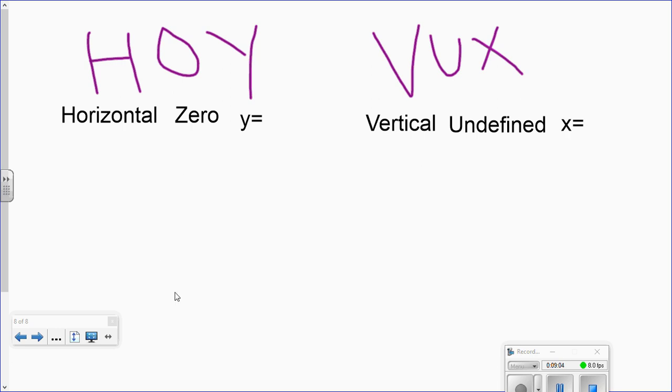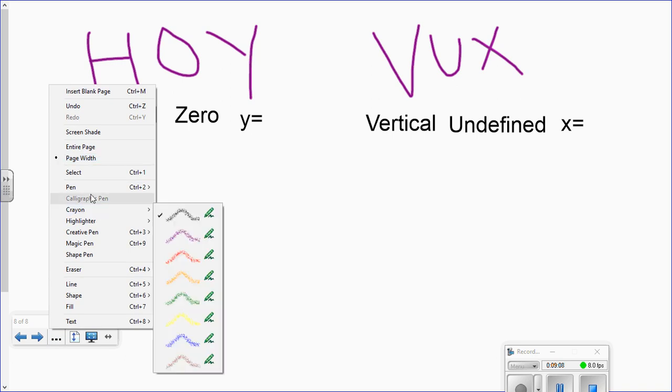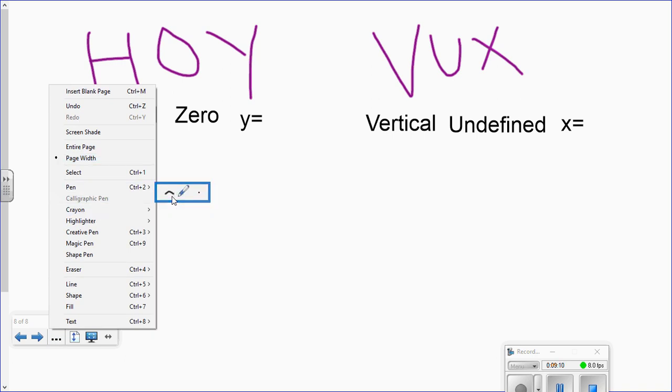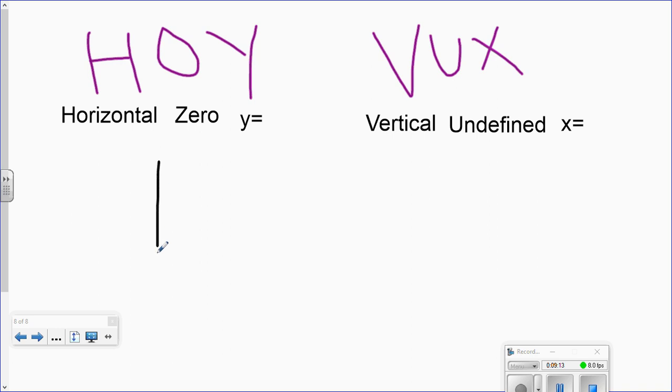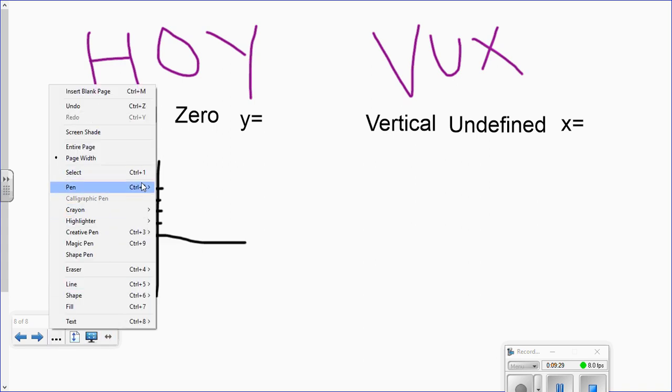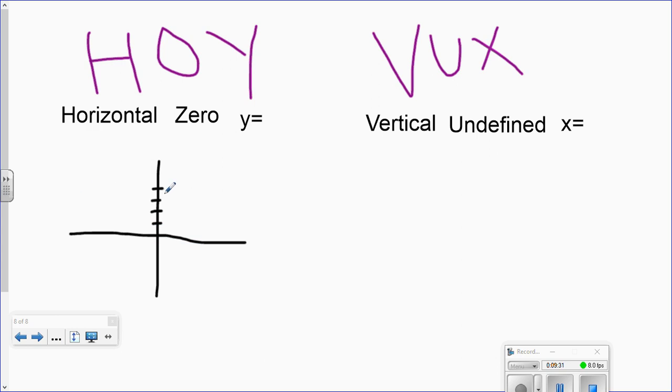Okay? And so remember, if we have to draw kind of a picture of what this looks like, if I have a graph, let's say this is at 1, 2, 3, 4, and you have a horizontal line, and let's say this horizontal line goes here.